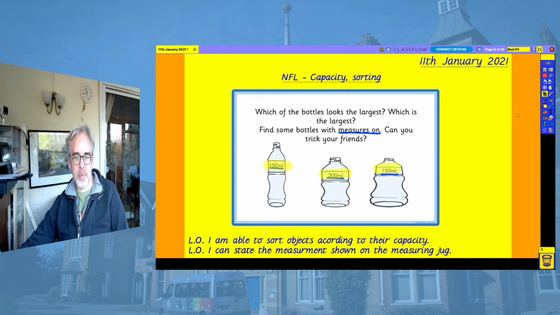Okay, so it's all about capacity here. We're not about how tall something is, how wide something is, although that can have a bearing on it, but actually we're looking at the capacity, the amount of something that can fit inside, whether that be a solid, liquid, or a gas, but in this case we're really talking about liquids that can fit inside a container.